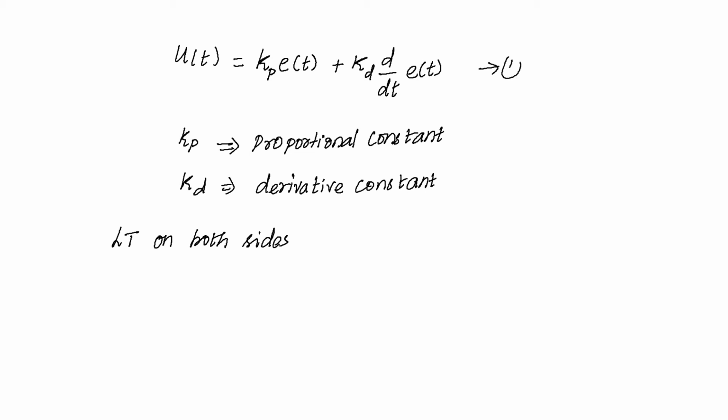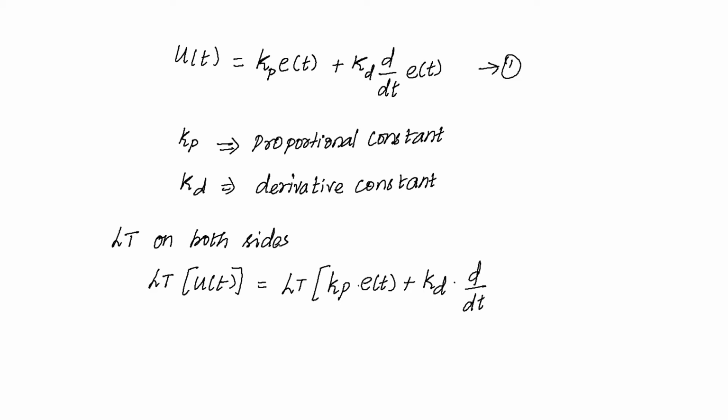Consider the Laplace transform on both sides of equation 1. That means LT of u of t is equal to the Laplace transform of Kp dot E of t plus Kd dot d by dt of E of t.